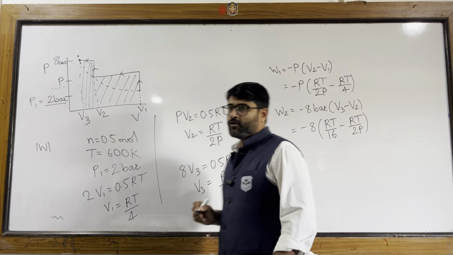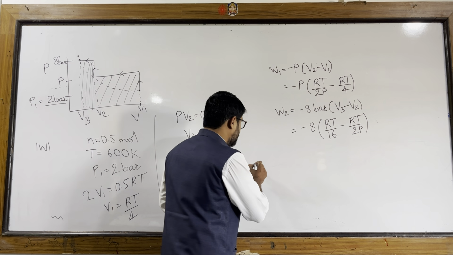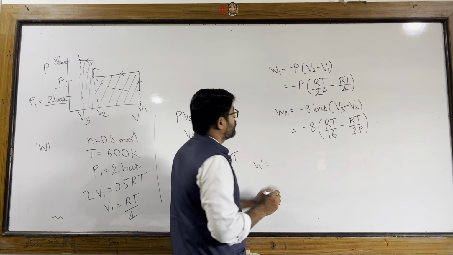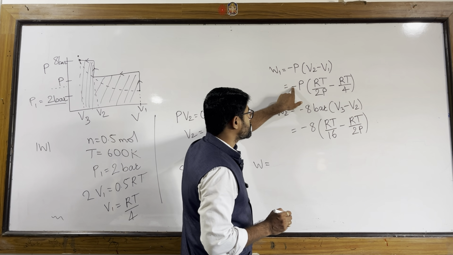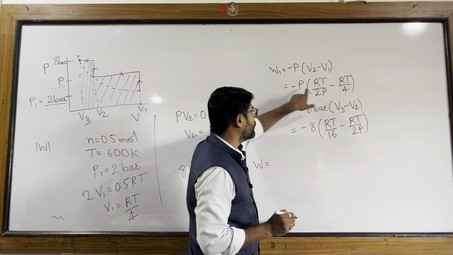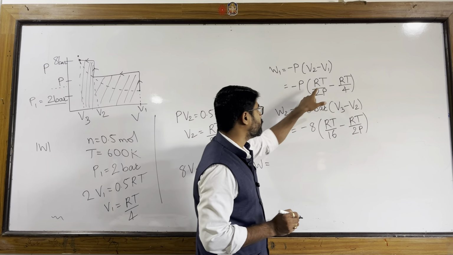So the overall work done is as follows. I first multiply, negative and negative, so this will be positive values.